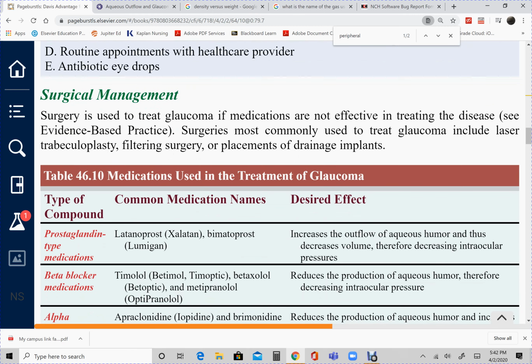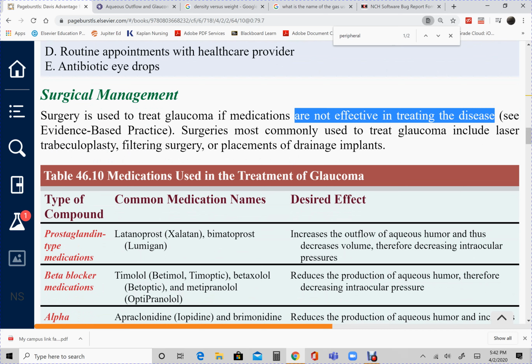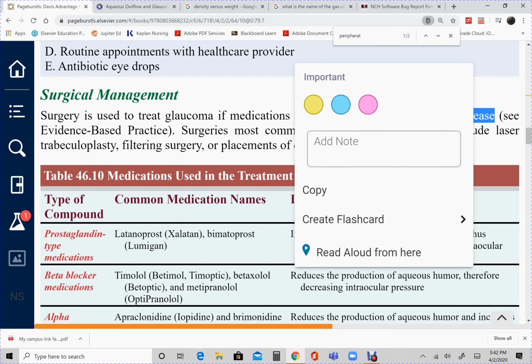There are surgical options, but as stated here, they're not effective in treating the disease. Again, there's no cure for glaucoma. All these measures, whether it's eye drops or surgery, are just to preserve vision and prevent it from getting worse.